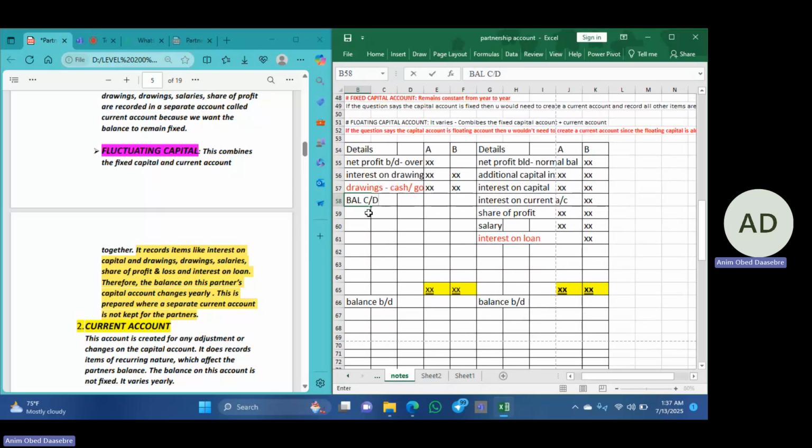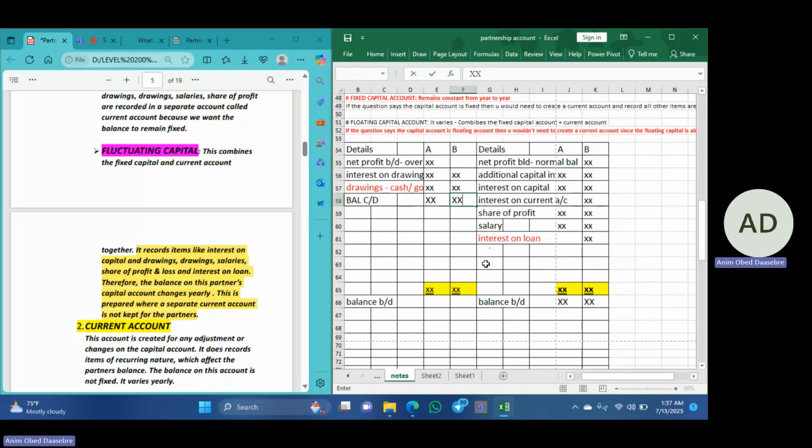So the shortfall amount will be on the debit side. Then at the end of the day, you carry this figure to this side. Then you record it nicely here.